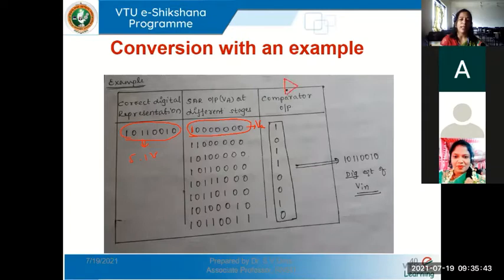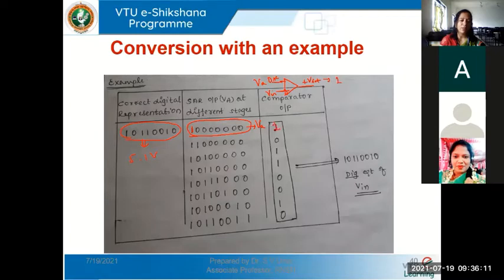In the comparator, you will be comparing the analog value, which is the DAC output, with the actual input signal Vin. Though I use a sample and hold circuit, I need not show it explicitly, it's understood. Say the output of the comparator is plus VSAT or logic 1.